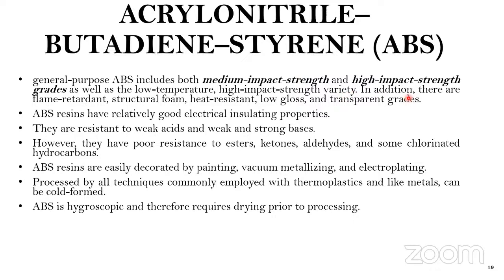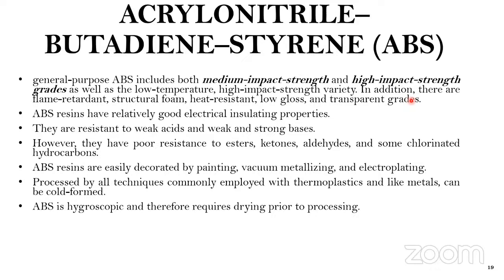In addition, you can get flame retardant ABS, structural foam, heat resistant, low gloss, and transparent grades. These are the different kinds of grades of ABS that are available in the market. You will use them for your convenience, as per your application.